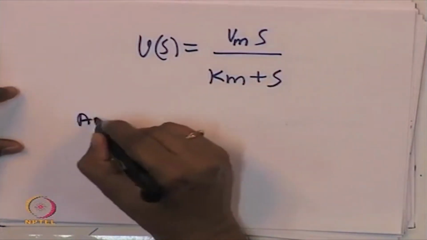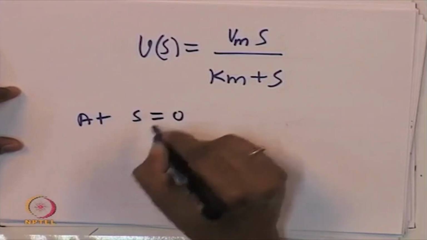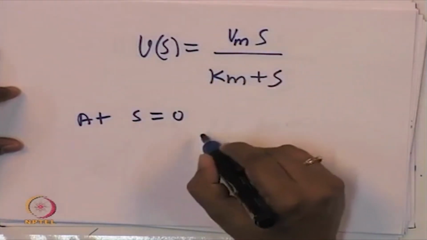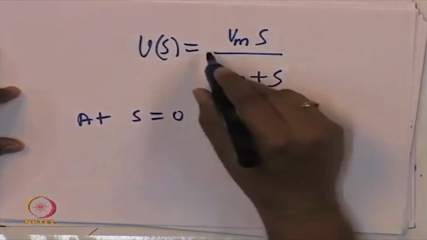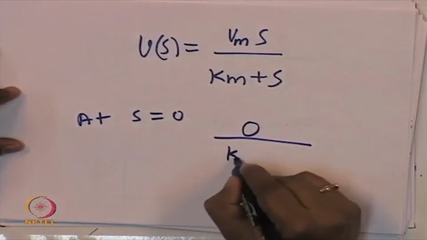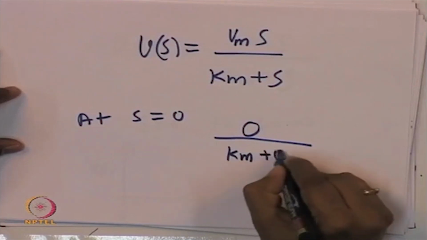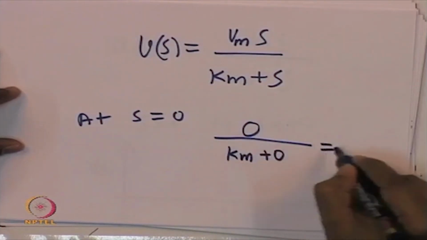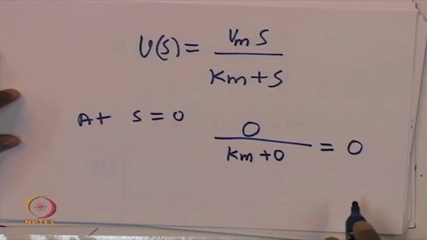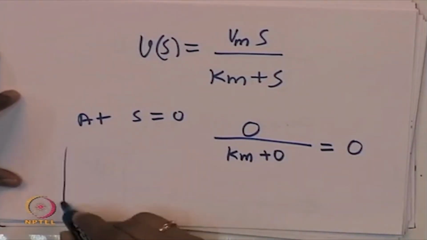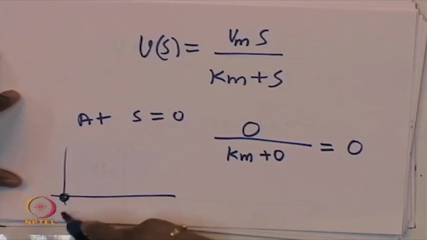At s equal to 0, we have Vm into 0, which is 0 in the numerator, and Km plus 0, which is Km, in the denominator. 0 divided by a constant is 0. So, at s equal to 0, the function is 0, and in this plot it starts at 0.